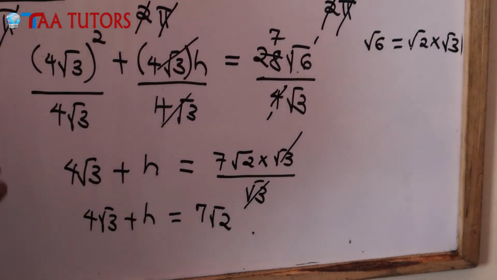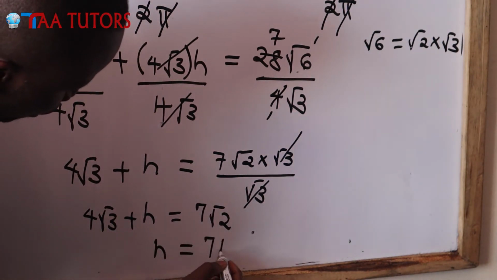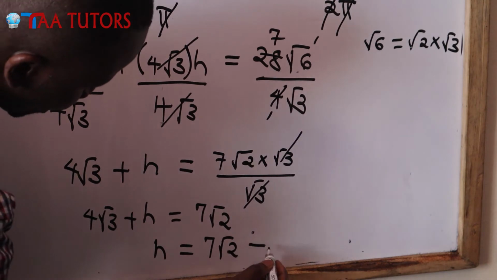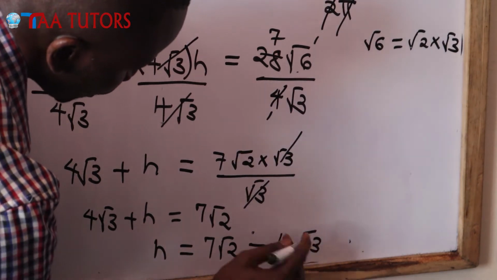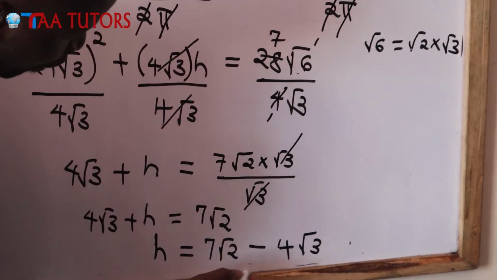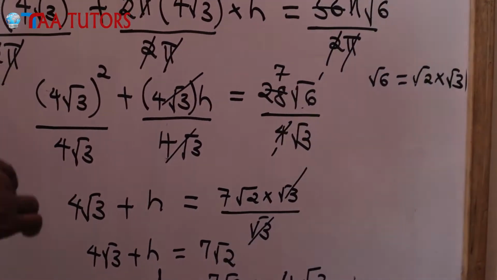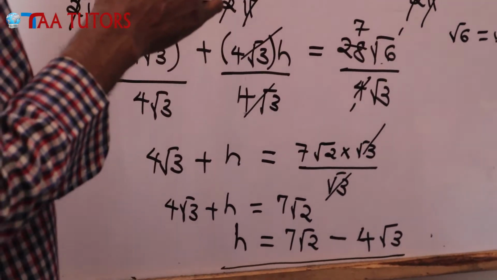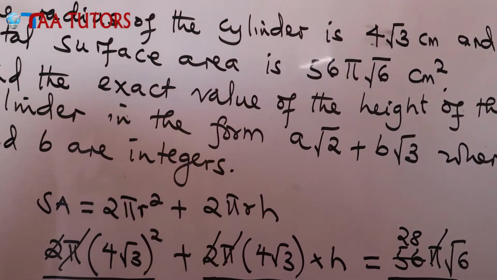So if I want to get h here, it will be 7 surd 2 minus 4 surd 3. So this is what the examiner wanted us to get. We were supposed to get the value of the height in terms of A surd 2 plus B surd 3.